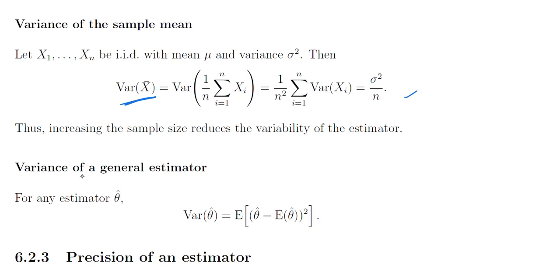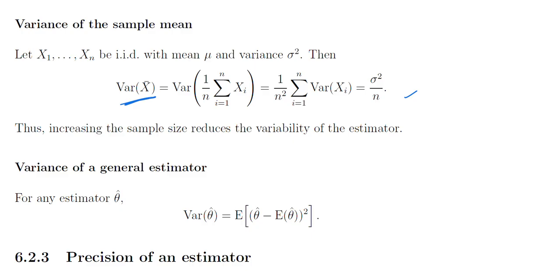So this is for the sample mean as an estimator for the mean. And how we define the variance of any estimator theta hat is simply from the definition of variance: the expected value of theta hat minus the expected value of theta hat, squared. So unbiasedness tells whether this point estimator accurately captures the center location of the distribution.